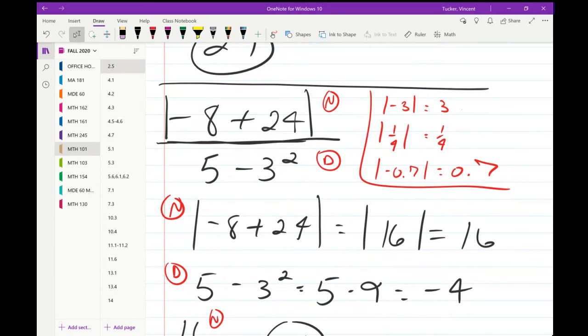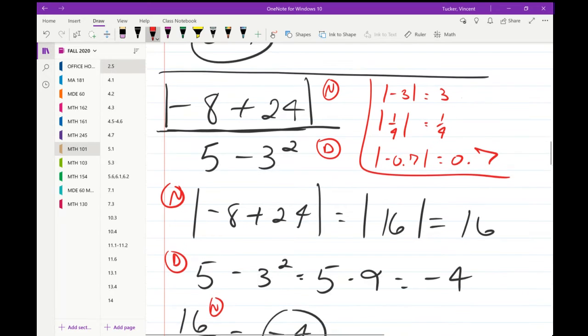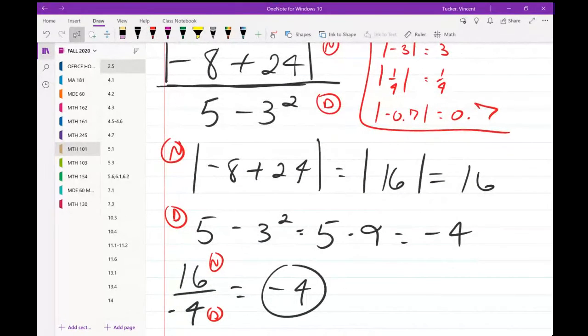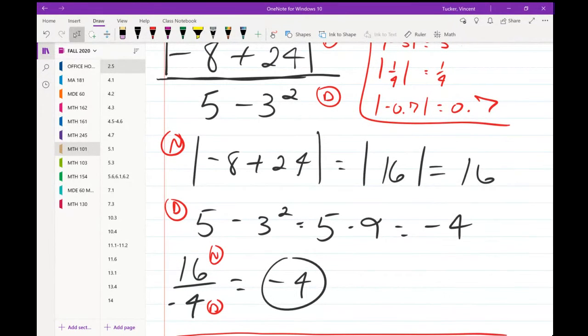Then looking at your denominator, we have 5 minus 3 squared. So first thing we'll do is 3 squared, which is 9. Then 5 minus 9 will give us negative 4. All right, so now we can put them together. 16 divided by negative 4 will just be negative 4.